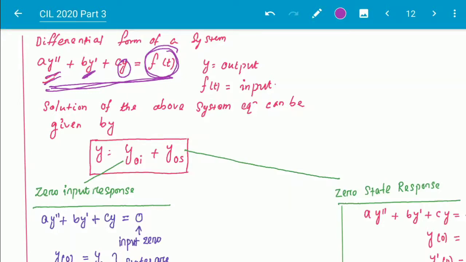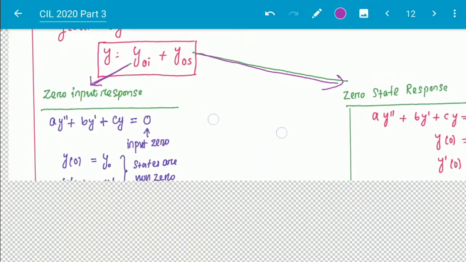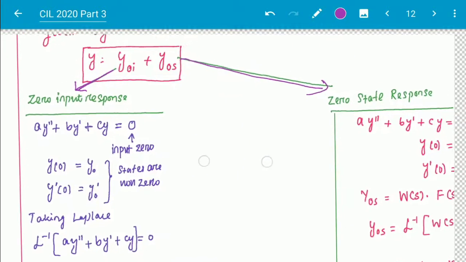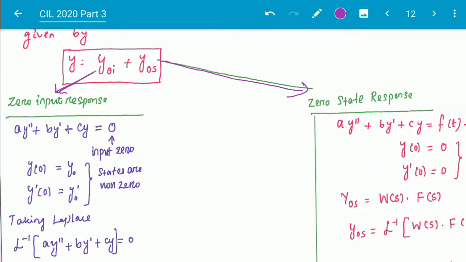This is the zero input response and this is the zero state response. What are the differences between zero state and zero input? In case of the zero input response, y is calculated from the equation where the input, that is f(t), is equal to 0.